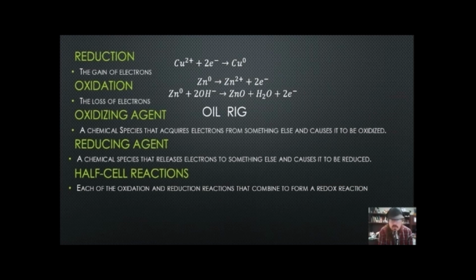So copper 2+ and 2 electrons goes to copper 0 is the reduction half-cell, and zinc goes to zinc 2+ and 2 electrons is the oxidation half-cell. If you added them together, you would get zinc 0 plus copper 2+ goes to zinc 2+ and copper 0, the full reaction. So we can keep them separate to better understand them, but they work better together.